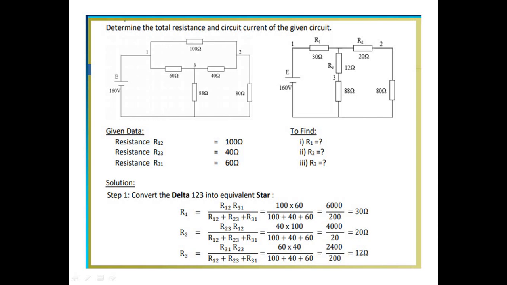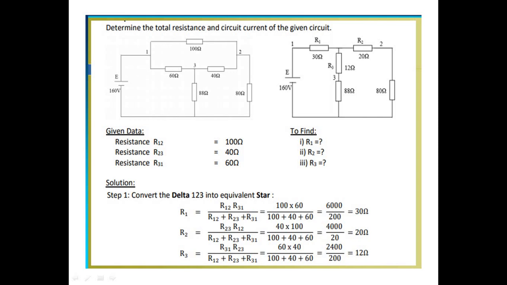R3 is equal to R31 and R23 divided by R12 plus R23 plus R31, is equal to 60 into 40 divided by 100 plus 40 plus 60, is equal to 2400 divided by 200, is equal to 12 ohm. Here, after the delta to star conversion, R1 is 30 ohm, R2 20 ohm, R3 12 ohm.